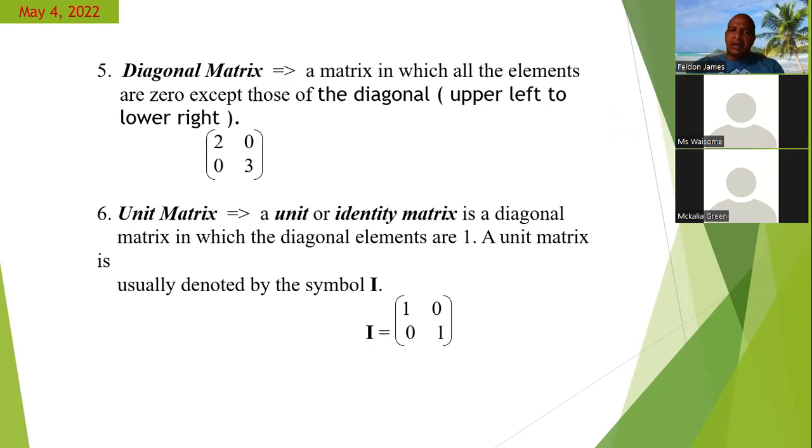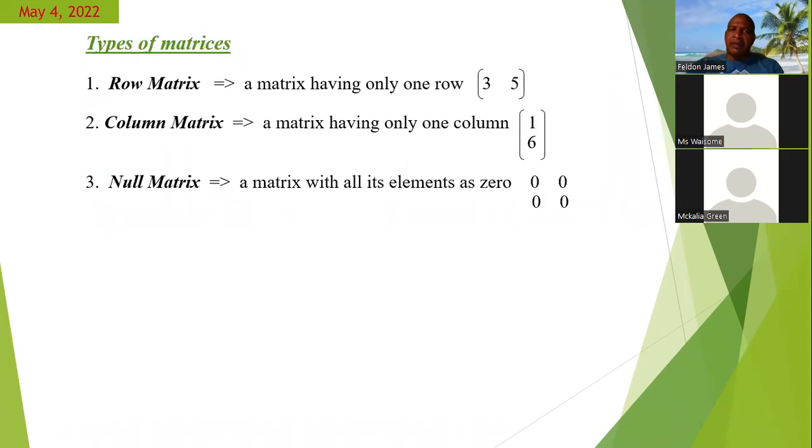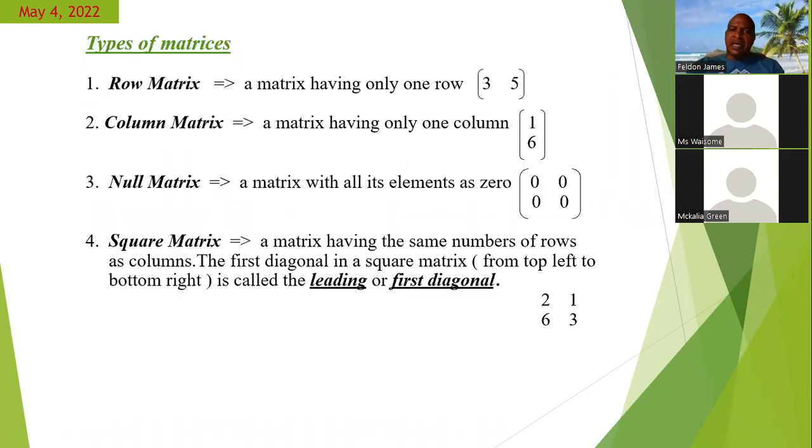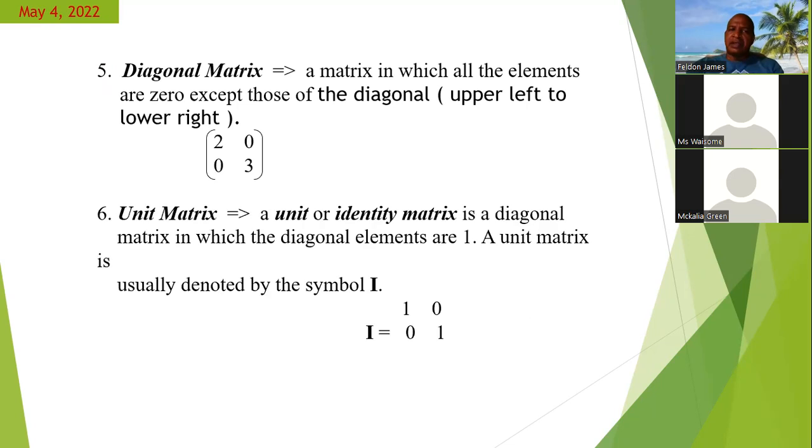All right, so just to give you a quick recap, we have pretty much 6 types of matrices: row matrix, column matrix, null matrix, square matrix, diagonal matrix, and last but not least, the unit matrix. Now, there are other types of matrix, but you won't be dealing with those at this level, right? So if you should pursue maths to a more advanced stage, you will come across other types of matrices. All right.